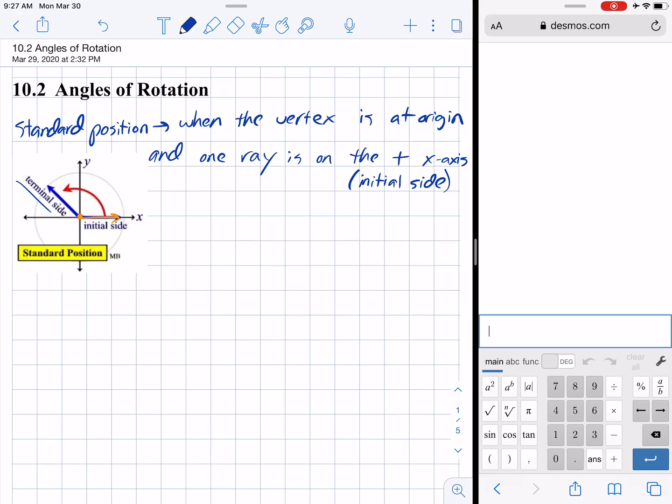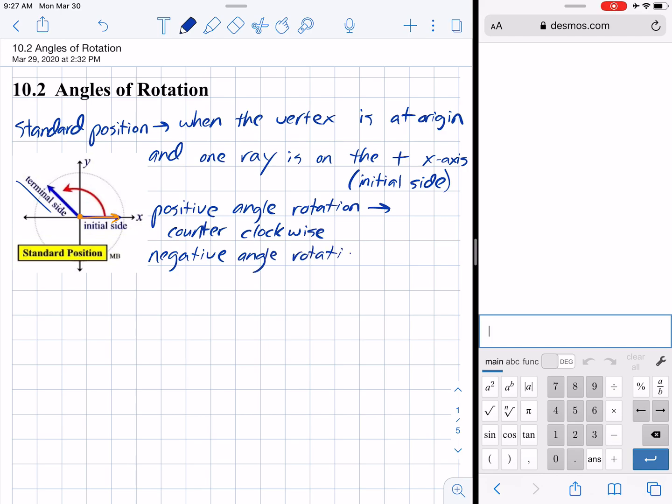And we know that our angles are measured in degrees. A positive angle rotation is what you have in this image. So positive angle rotation is an angle that rotates counterclockwise, like you can see here. A negative angle rotation is going to rotate clockwise.